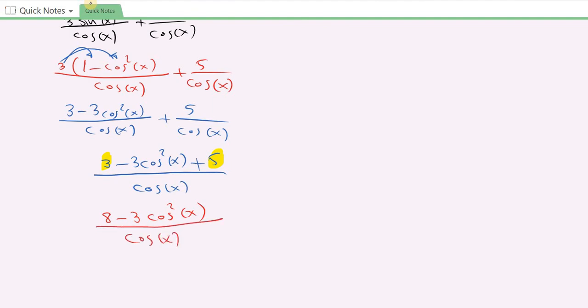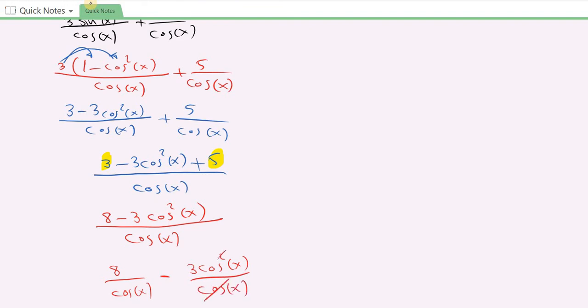Now I need to simplify it further, so I will need to separate this fraction into 2 fractions. So I will have 8 over cosine x minus 3 cosine square x over cosine x.